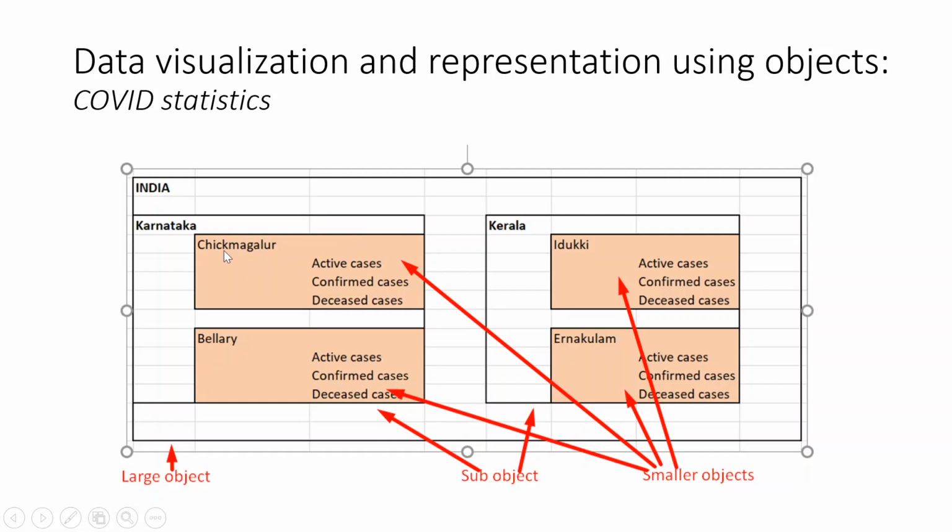It's difficult for computers to understand where this Chikmagalur belongs. Or if I simply take Karnataka and Kerala out of the picture, then the computer will understand that, okay, this is India, maybe these are states, kind of understanding. Okay.